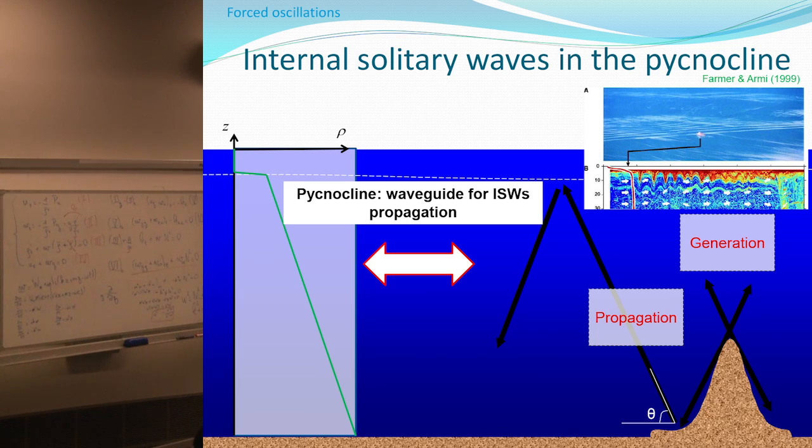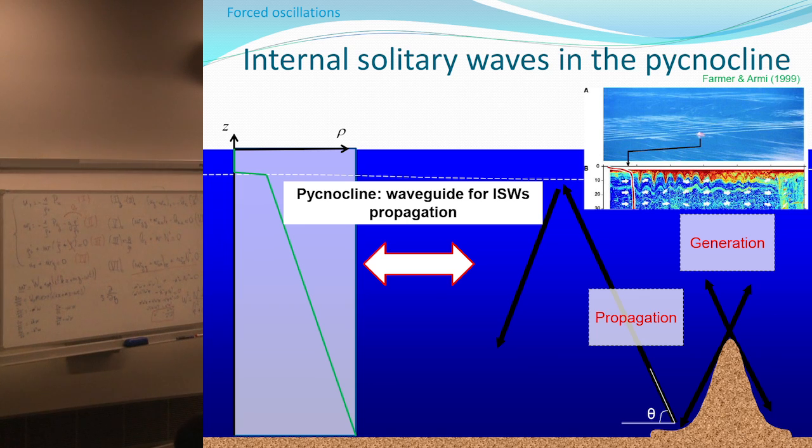But when we don't do this approximation, we allow for large amplitude waves to propagate, and what is interesting is that they can propagate in the ocean and also in the atmosphere in a stable manner. So we are going to try to see why. These solitary waves propagate in the pycnocline that acts as a wave guide for the propagation of this large amplitude wave.